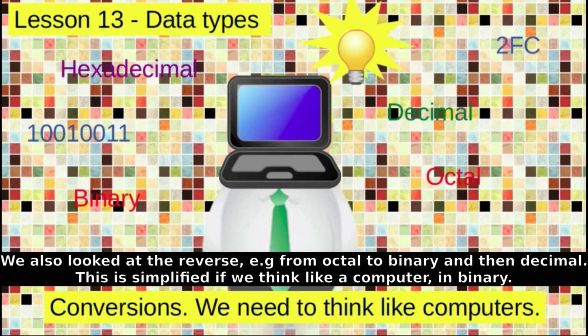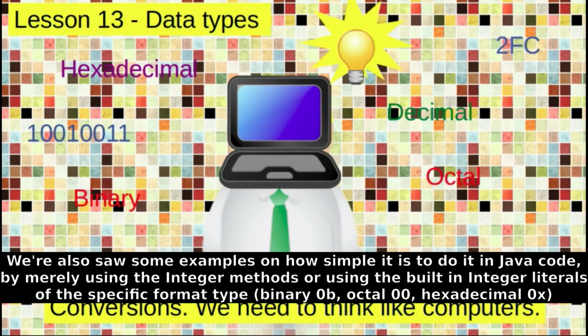This is simplified if we think like a computer, as a computer uses the binary system. We also saw some examples on how simple it is to do it in Java code by merely using the integer class methods or using the built-in integer literals of the specific format type, like the binary uses 0b, the octal starts with the 0, and the hexadecimal you start with the 0x.